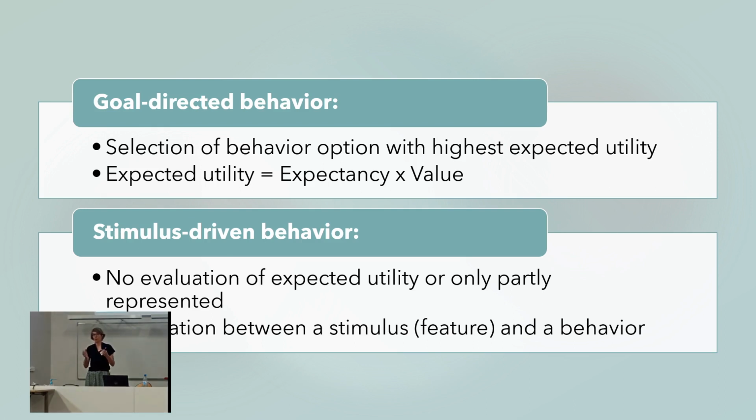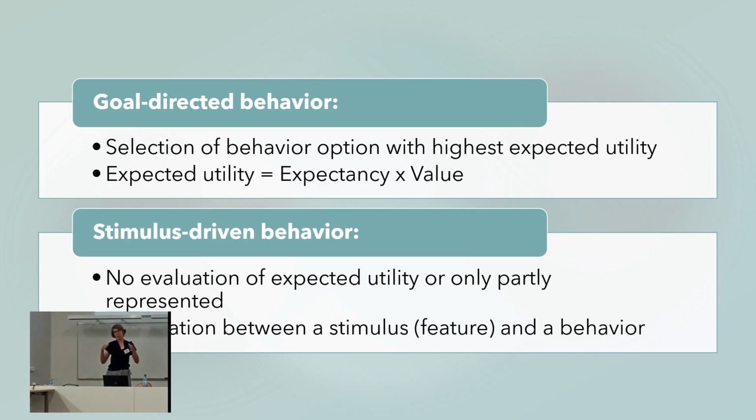So imagine you are thirsty. The value is how much value it has to not be thirsty anymore, and the expectancy is the chance that if I drink, I won't be thirsty anymore.